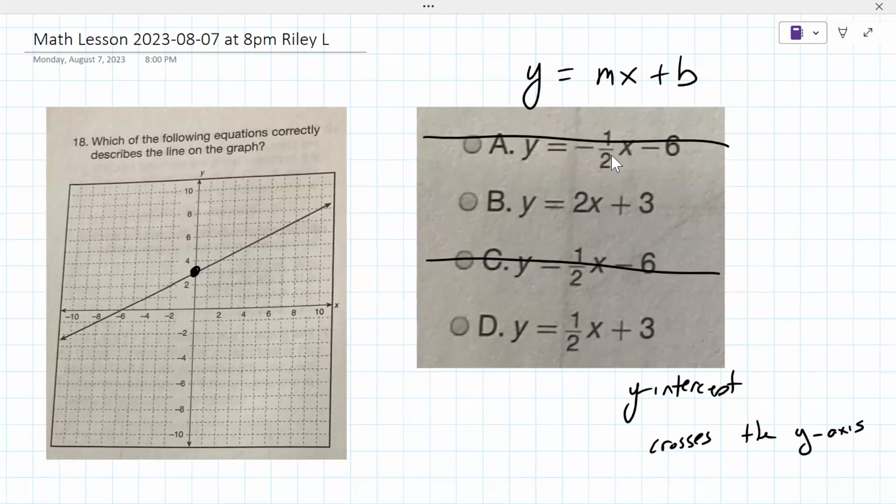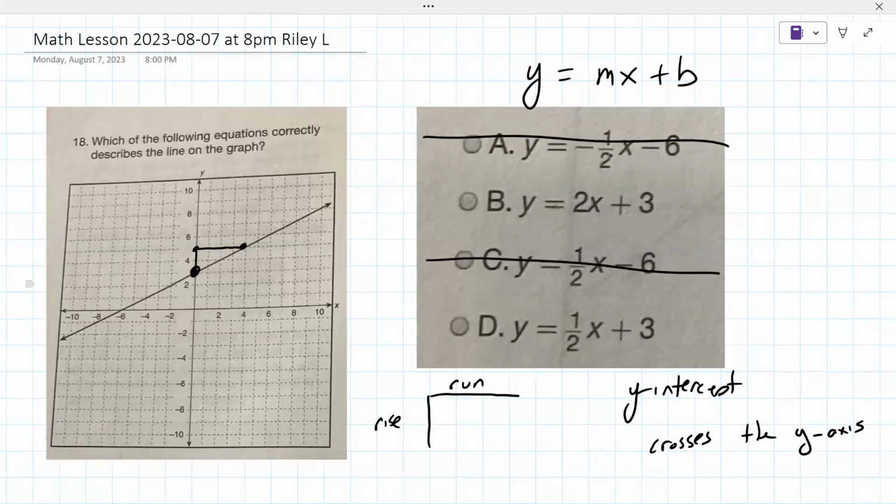So the slope is always how much it goes up, called the rise, or down, over the run, to the right: rise over run. It'd be a lot easier if you had the graph in front of you, but it's like, okay, let me go up and then to the right. How many up are you going?